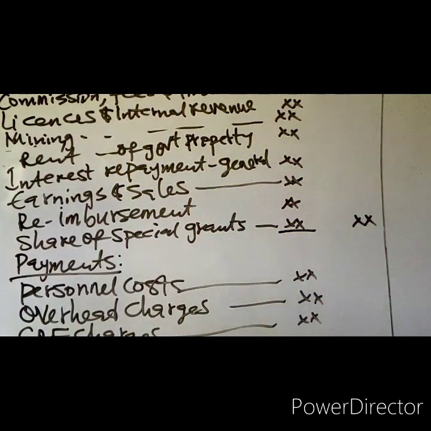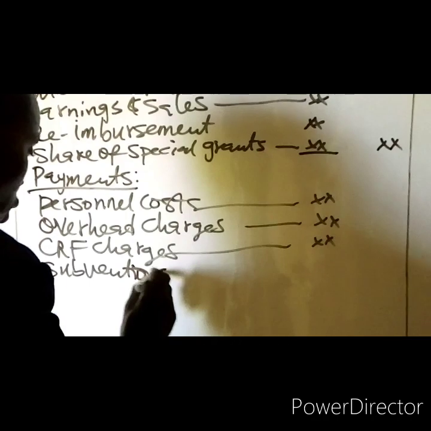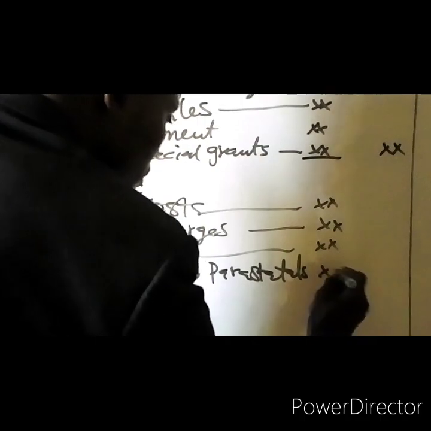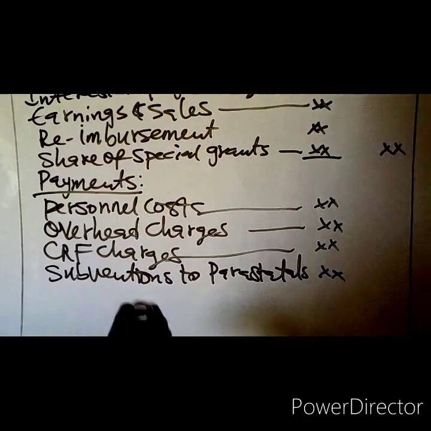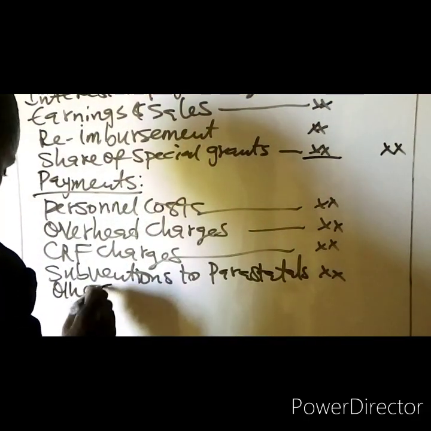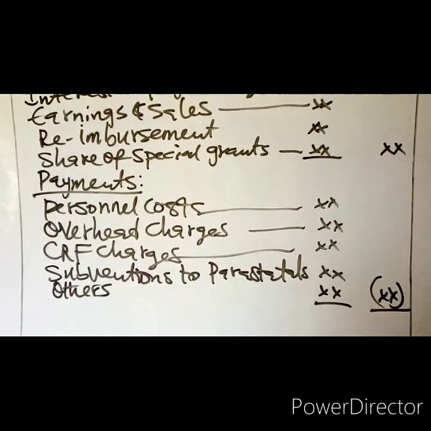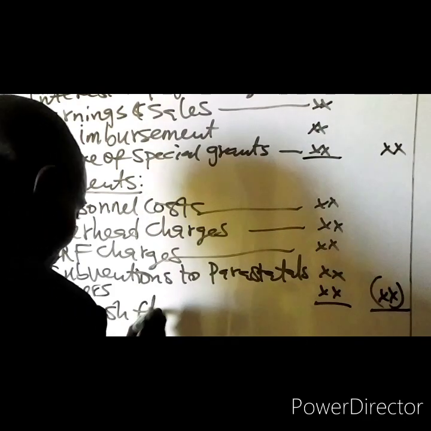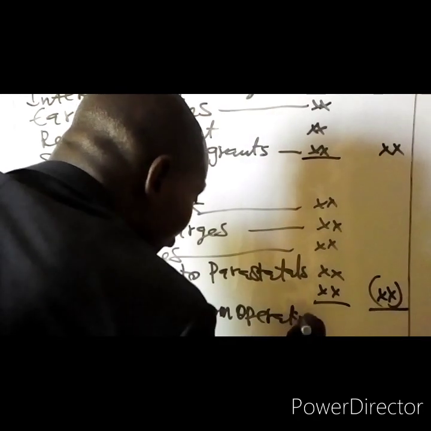Then we have subventions to parastatals, and others. After deducting them, the total of these payments is this. You deduct it from your receipts. You have net cash flows from operating activities.